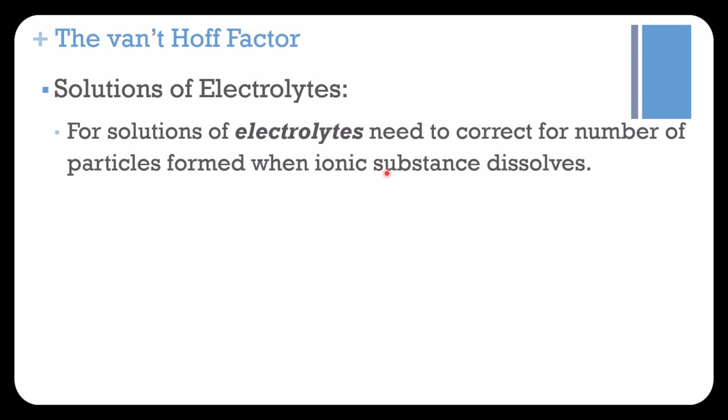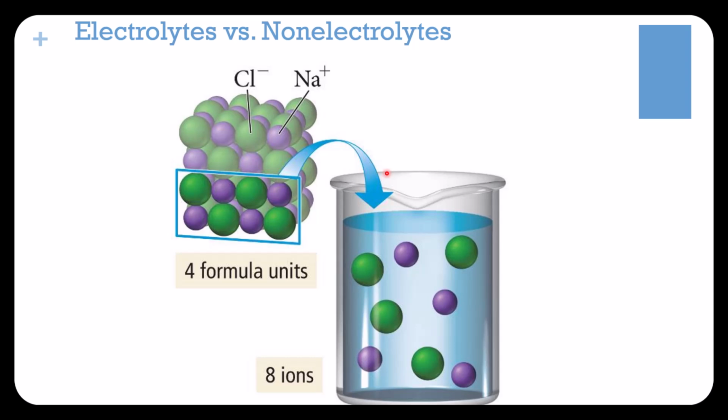So for solutions where we put electrolytes into solution, we have to take into account the fact that electrolytes dissociate or break apart. So just as a refresher, what is an electrolyte? An electrolyte is an ionic compound that dissolves in water. So electrolytes are notorious for dissociating or breaking apart into their ions. Our poster child for electrolytes is sodium chloride.